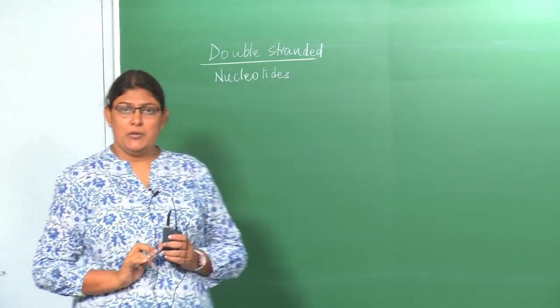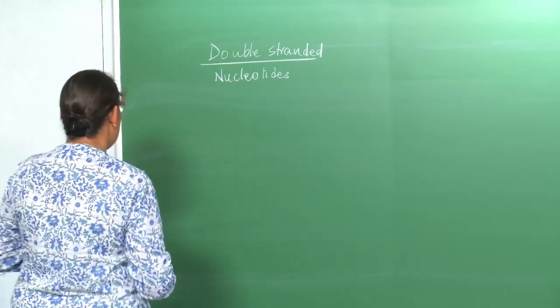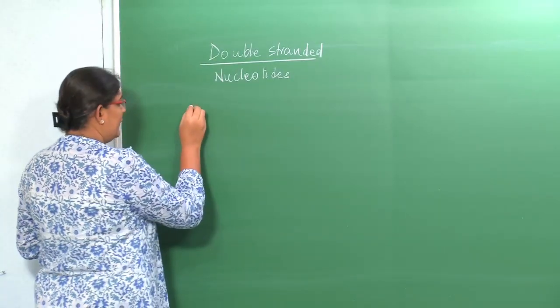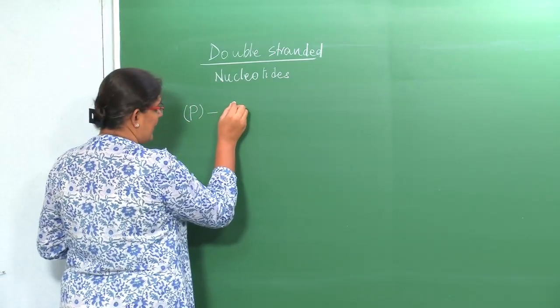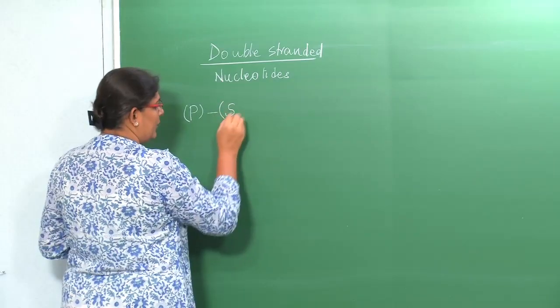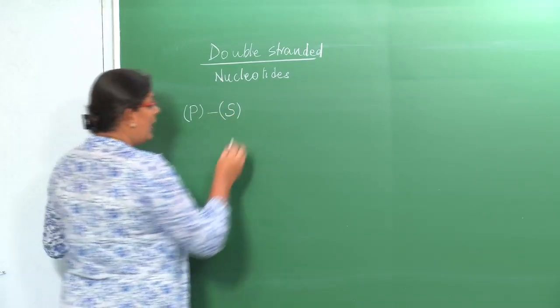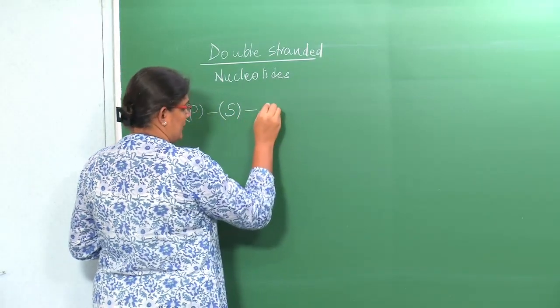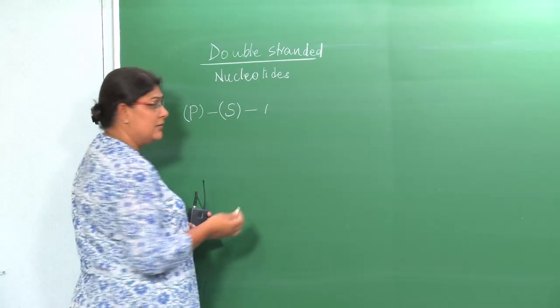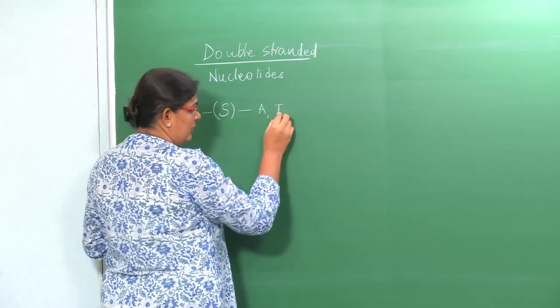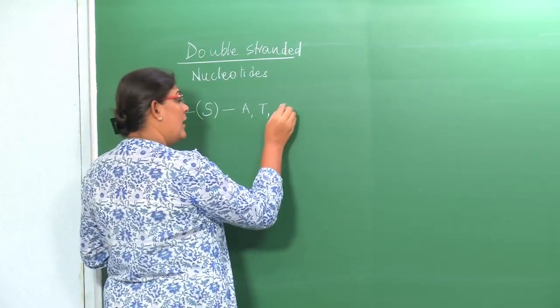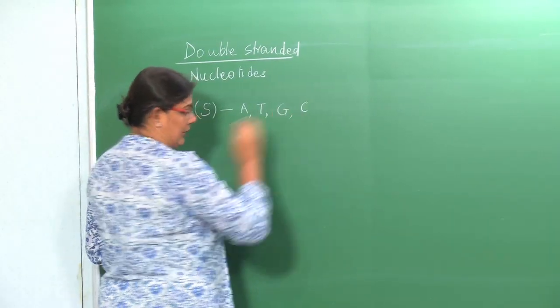Each nucleotide itself is made up of a phosphate, a pentose sugar and a nitrogenous base. This nitrogenous base could be either an adenine, a thymine, a guanine or a cytosine.